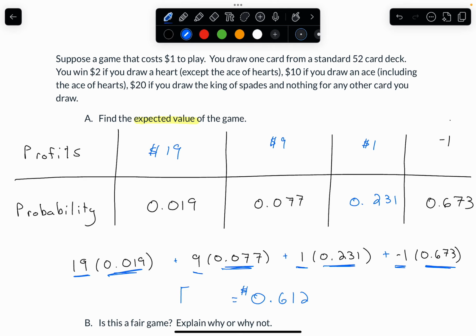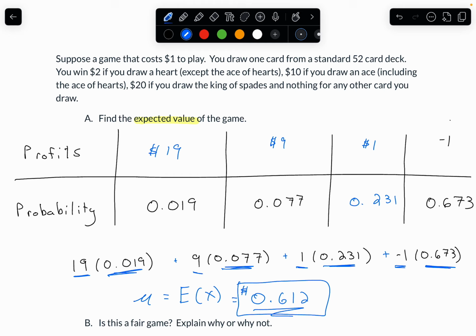You may see E of X, that means the expected value of the random variable X, or you may simply see the mean, mu. All of those represent the expected value or the mean of this probability distribution. So in this case, you would expect on average to win 61.2 cents every time you play this game.